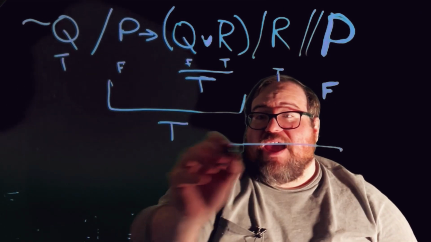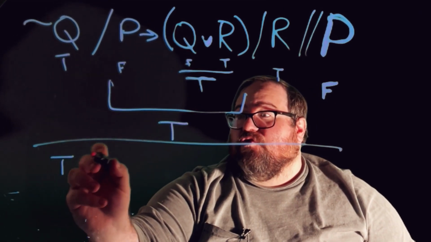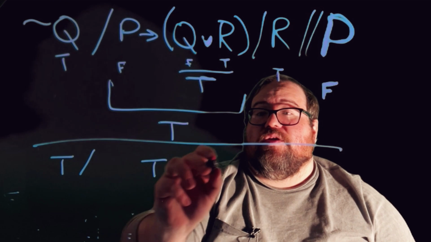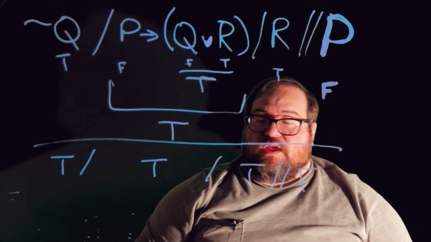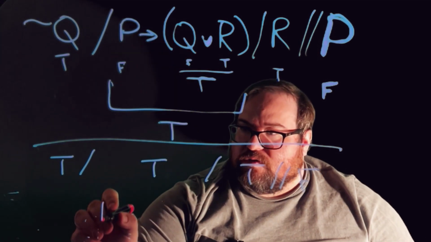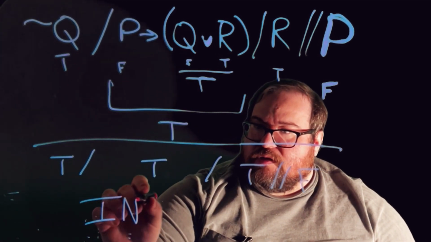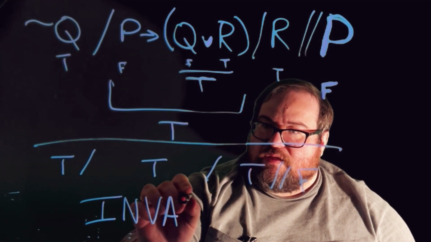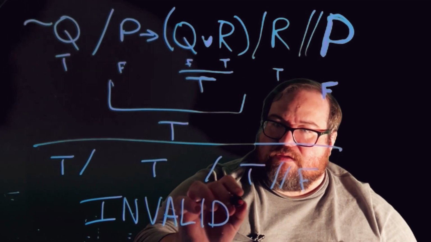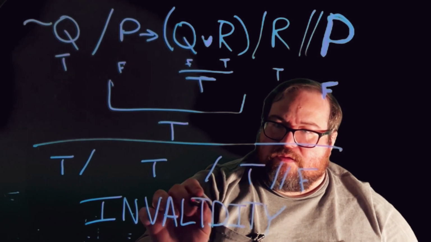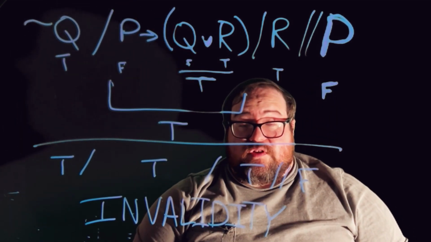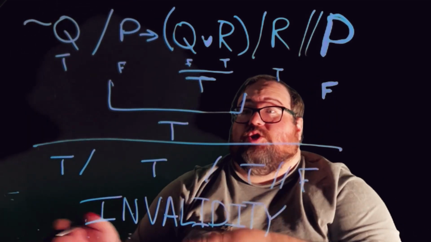So what we have are true, true, true, false. We have introduced invalidity, and we've used the shortcut method.